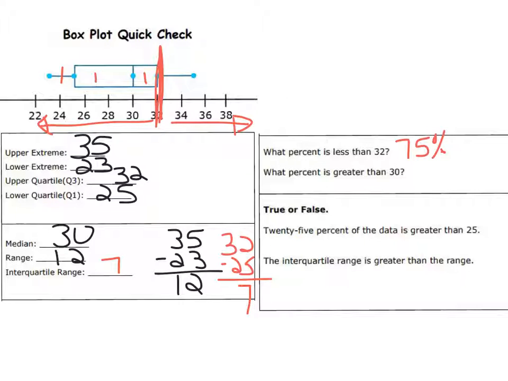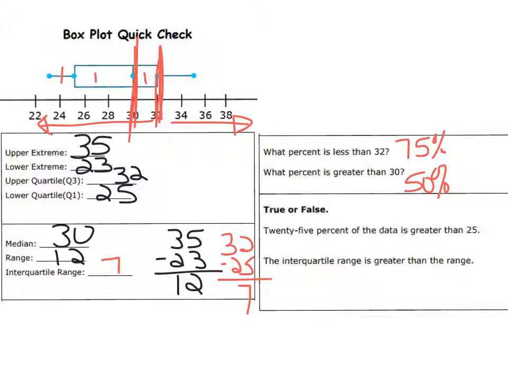So if less than 30 is right here, less than 30 will be 50%, and greater than 30 will also be 50%. And everybody understands that? Yeah, because remember I told you each section is 25%. Okay, let's look at the next one. This you're going to answer true or false. 25% of the data is greater than 25.